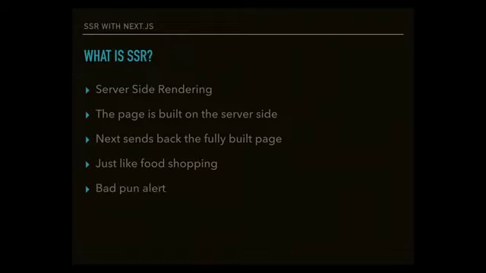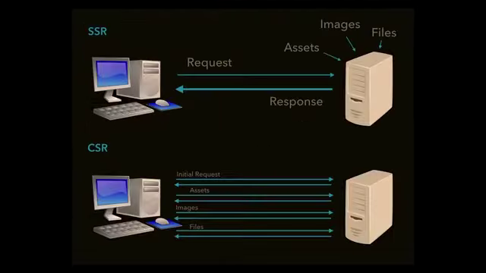And you could just say that with server-side rendering, the time to first byte is a little longer, kind of moving on from that food shopping analogy. But here is a much better and cleaner explanation as to what it is.